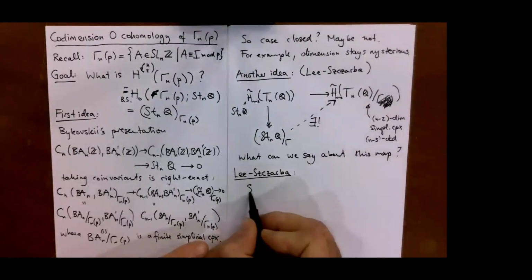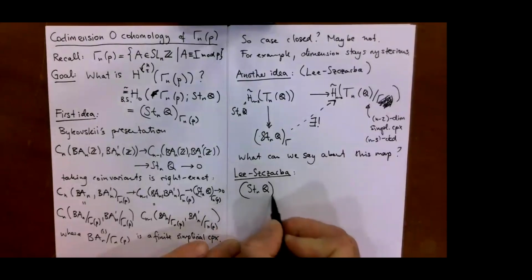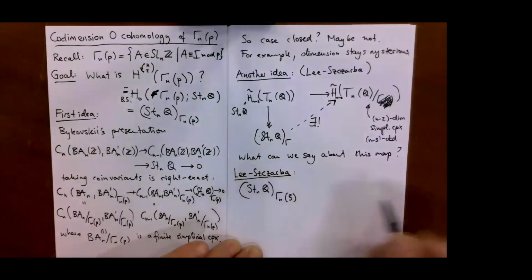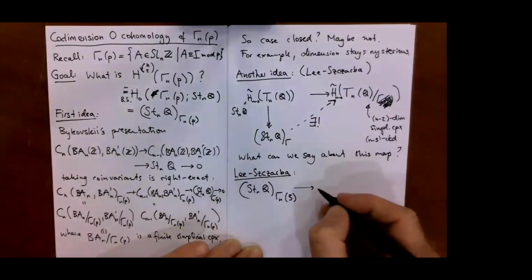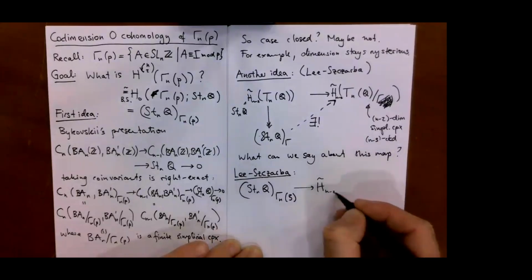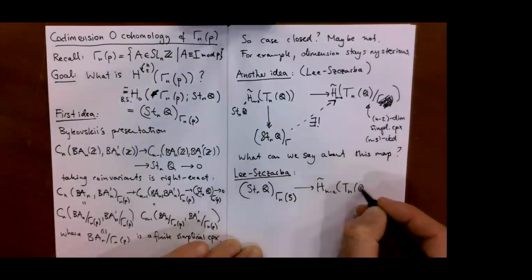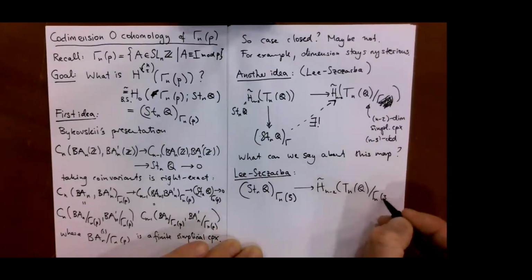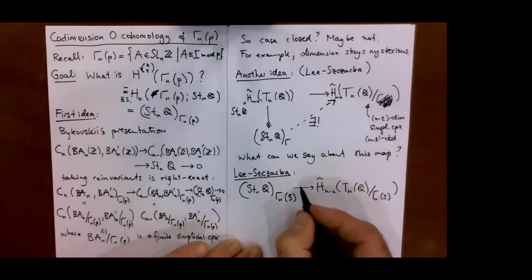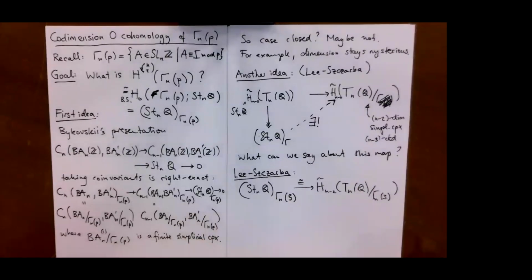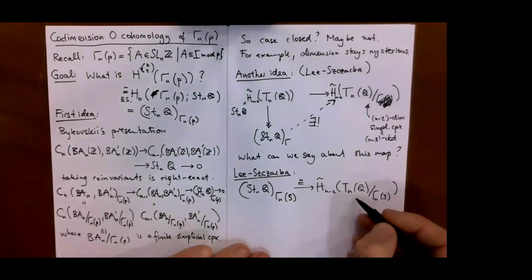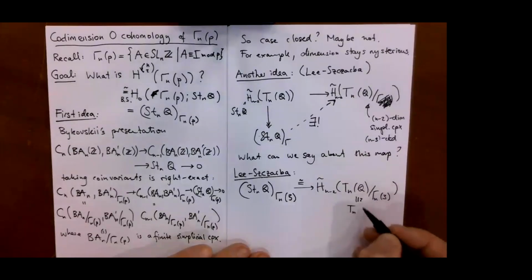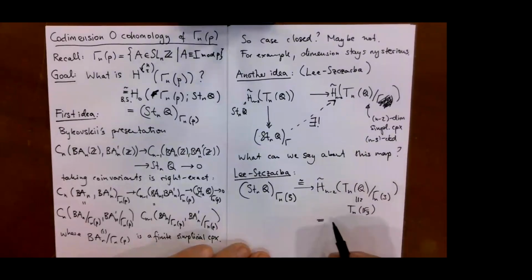So they prove St_n(Q) with gamma(3) to H_{n-2}(T_n(Q)) mod gamma(3) is an isomorphism. And in their case, this turns out to be pretty easy. This turns out to be just the Tits building of F_3. And so this means this whole thing is isomorphic to Steinberg of F_3.